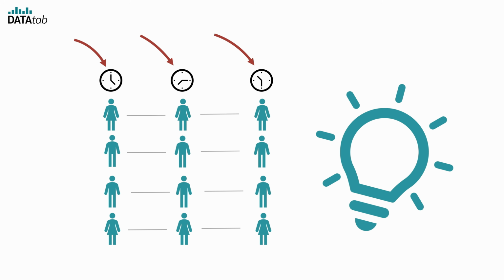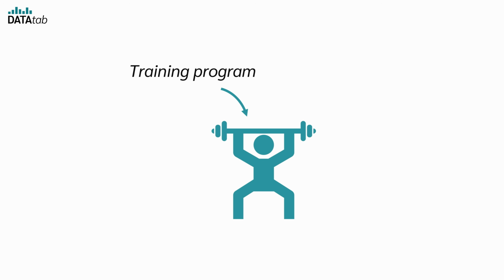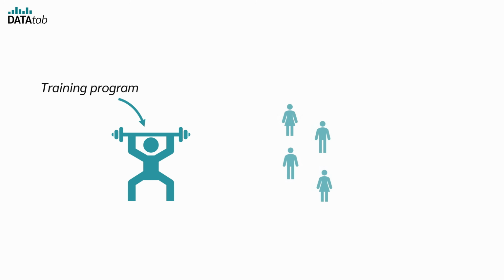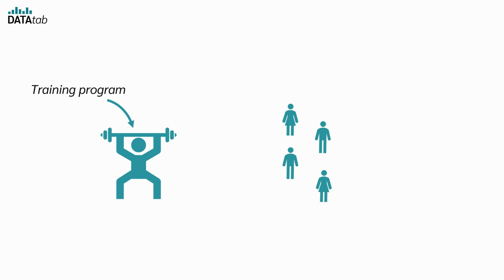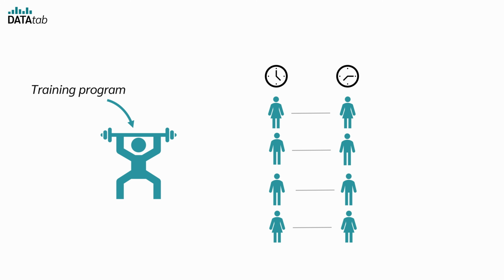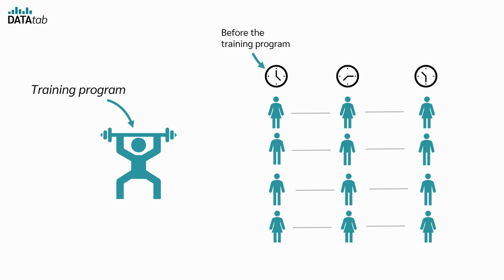Let's take a look at an example. Let's say we want to investigate the effectiveness of a training program. For this, we've started looking for volunteers to participate. In order to investigate the effectiveness of the program, we measure the physical fitness of the participants at several points in time: before the training program, immediately after completion, and 2 months later.